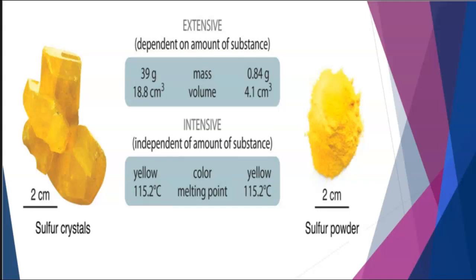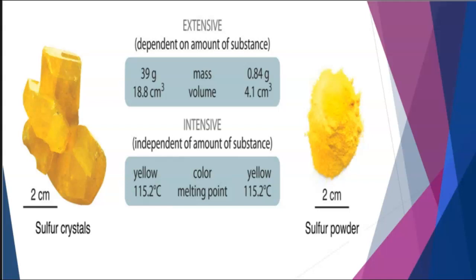I can add another sulfur crystal just like the one that's there, and it'll still be yellow and it'll still be 115.2 degrees melting point. But what will have changed is now I will end up with 78 grams, and a volume that is probably closer to 37.6 centimeters cubed.